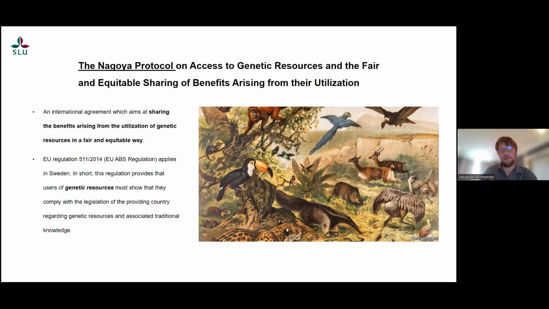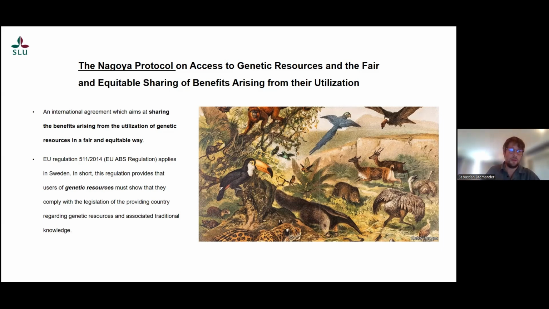The first thing that I found very difficult with the Nagoya Protocol was: what is a genetic resource? In the Nagoya Protocol, it says it can be anything from spores, animals, plants, you name it. It's biological material. So the way I think of it is that genetic resources are more or less everything, not only the animals that you see in the pictures, but plants and also parts of plants.